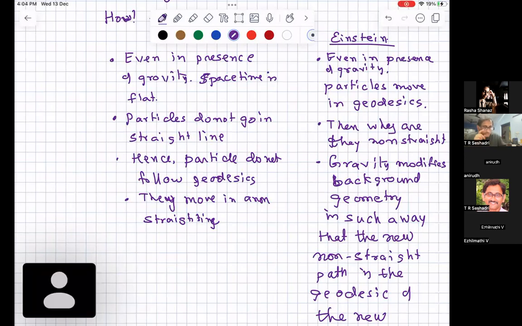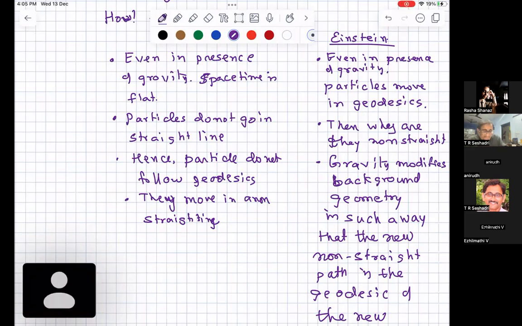So this geometrization of gravity was possible essentially because the inertial mass and the gravitational mass were taken to be the same, and hence mass cancels out in the equation of motion for gravity. And that is why the background in which they travel is universal, and hence you can attribute it to a background geometry rather than individual particle properties. So all particles will have the same geodesic in the same gravitational field. Exactly, with the same initial conditions.